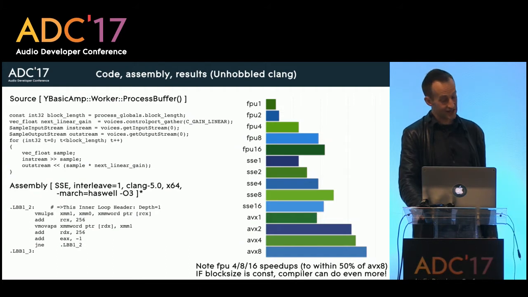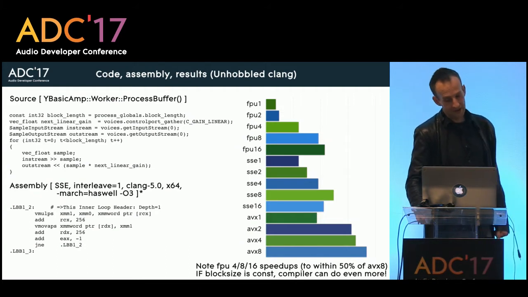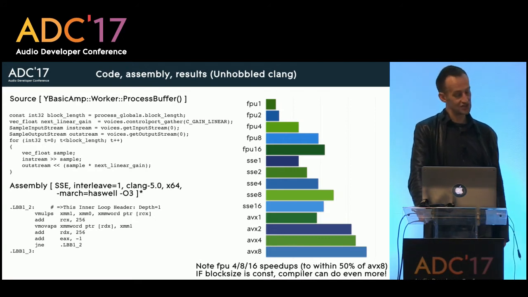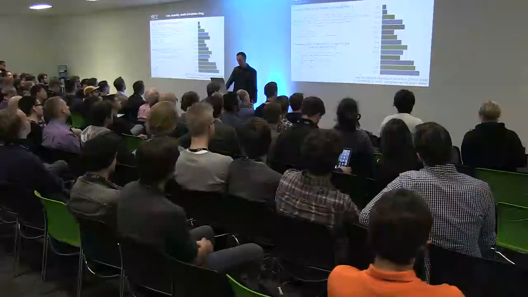So what you can see here is that the Clang compiler, with the hobbles taken off, has taken our 16-way floating point code and sped that up to be within 50% of our very cleverly template optimized AVX implementation. If we were working with a constant block size, there are other things the compiler can do as well, but this code is written for variable block lengths, so that limits it a little bit.